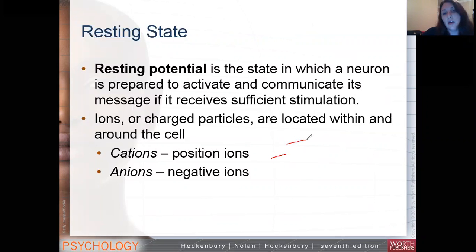Generally speaking, a cell is at negative 70 millivolts at resting stage, at resting potential. A cell is sitting at negative 70 millivolts, meaning that it is more negative on the inside than it is on the outside, okay? So this is going to be very important here in just a few minutes. So a cell on the inside is sitting at a negative 70 millivolts, okay?